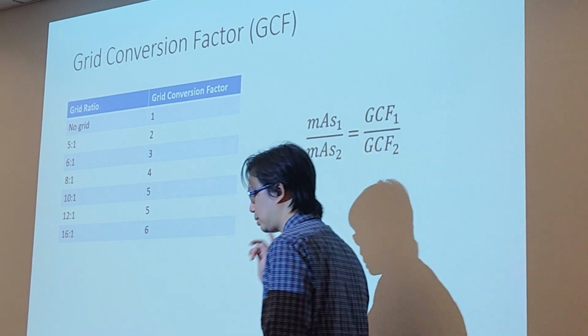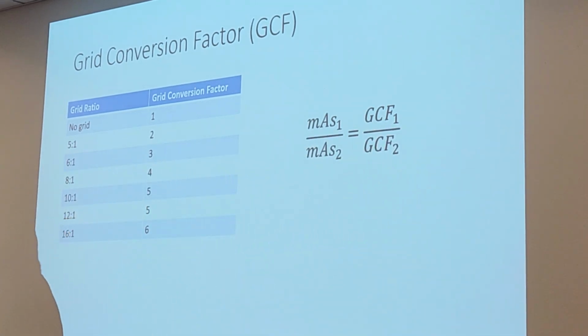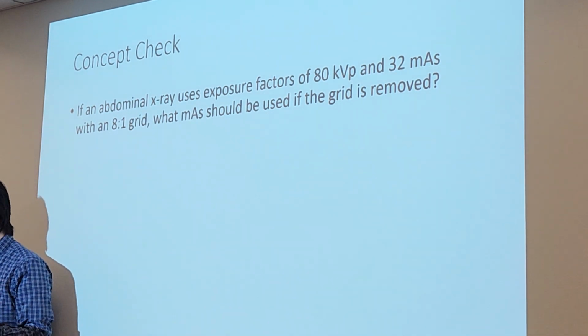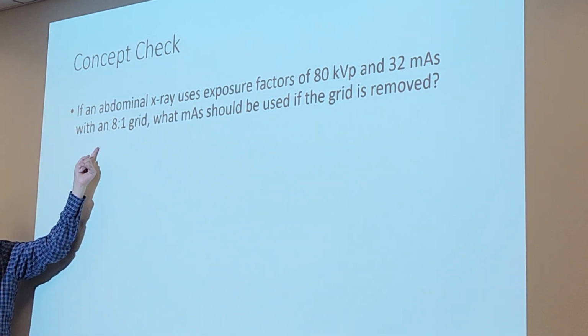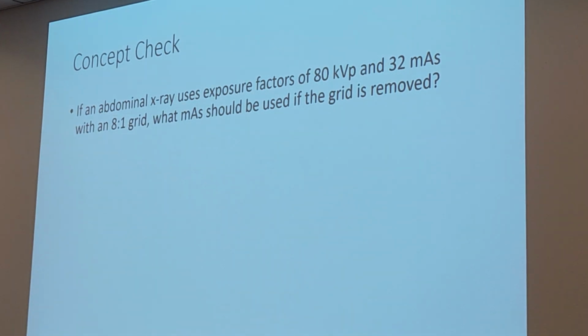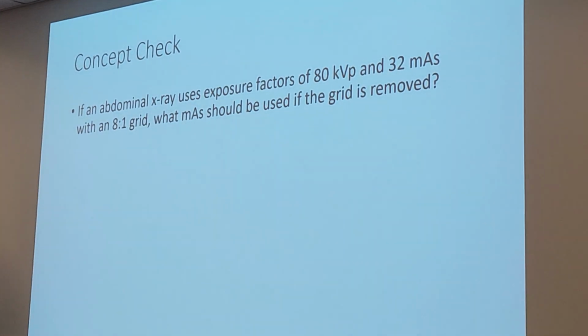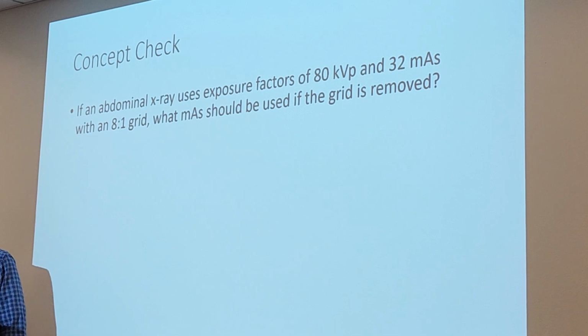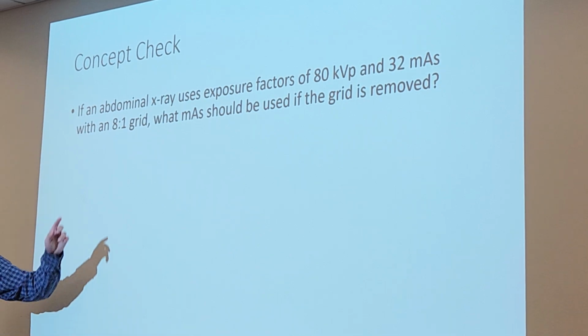So let's take a look at this in action. If an abdominal X-ray uses exposure factors of 80 kVp and 32 mass with an 8:1 grid ratio, what mass should be used if the grid is removed? So that's the original grid, grid 1.